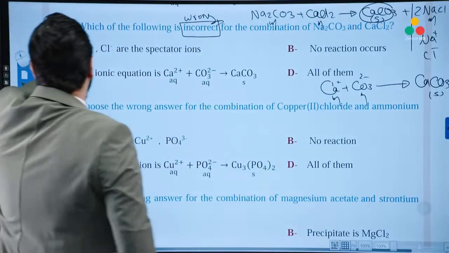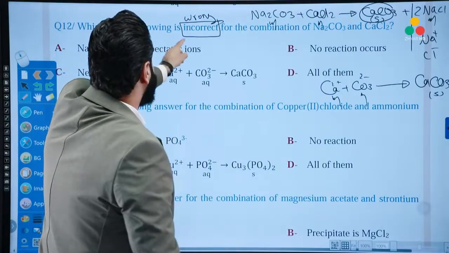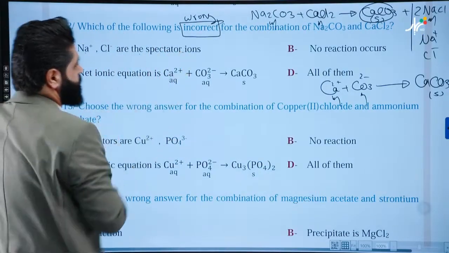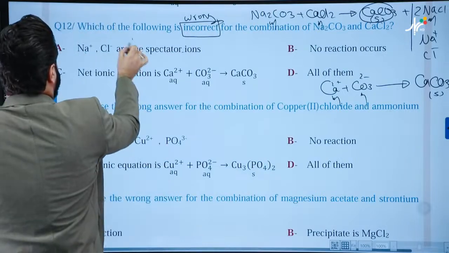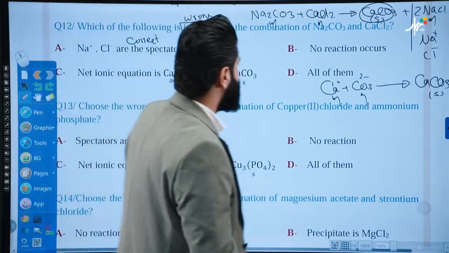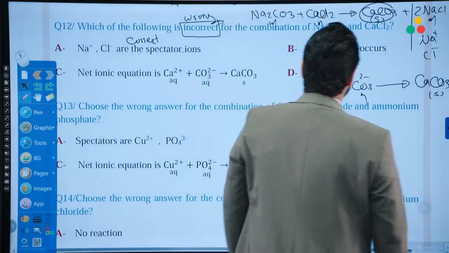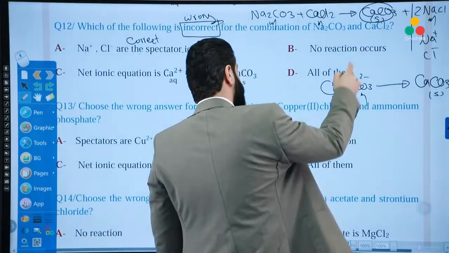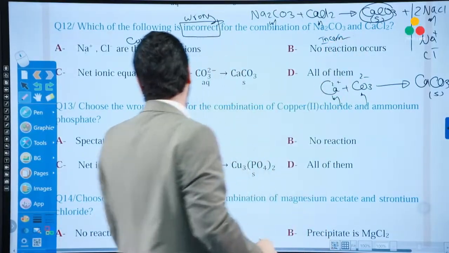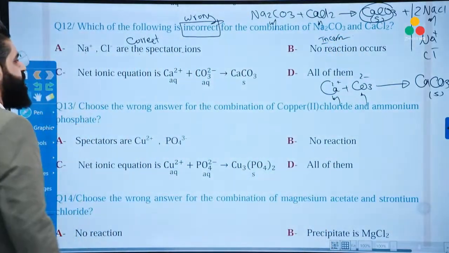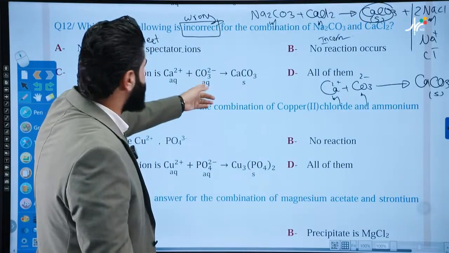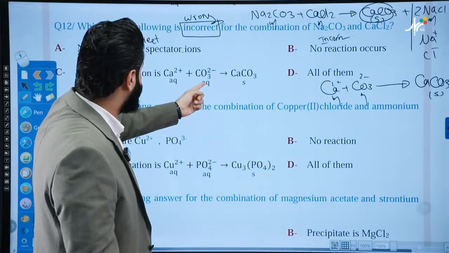Look at it. Which of the following is incorrect? Look, Na and Cl are the spectator ions. This is correct. Correct. No reaction occurs, it means no precipitate. No, there's a precipitate. This is incorrect. Okay? How about this? Net ionic equation is this. Look at it. Is this a net ionic equation?